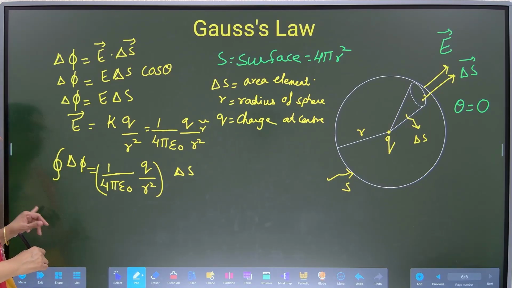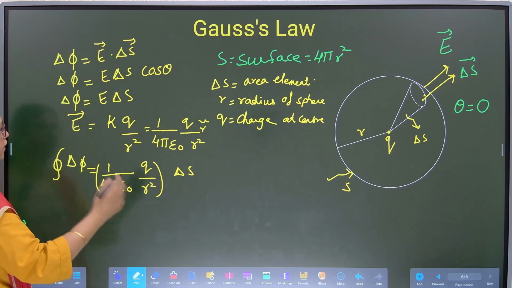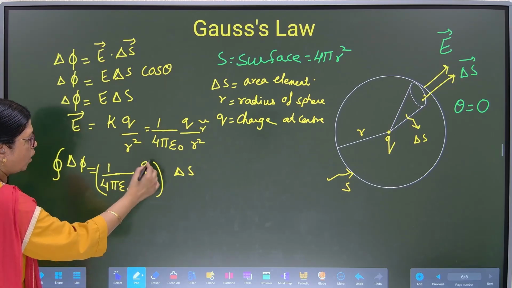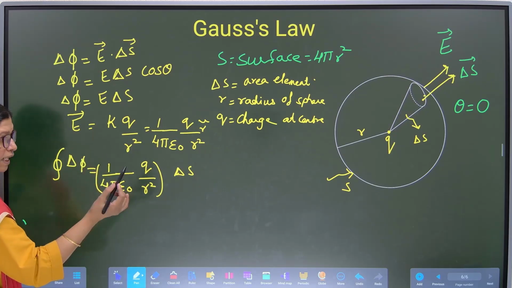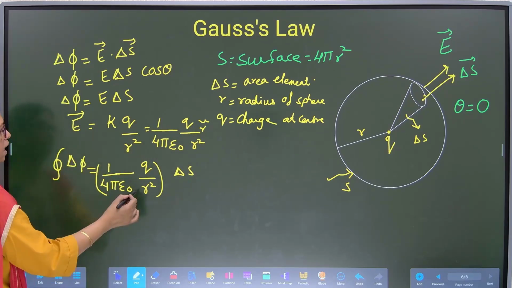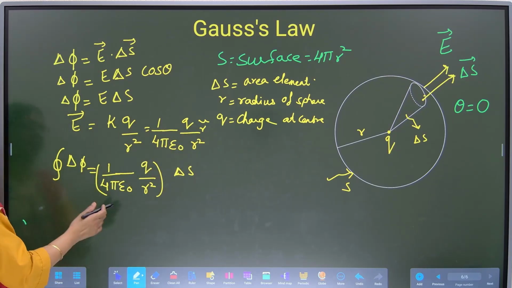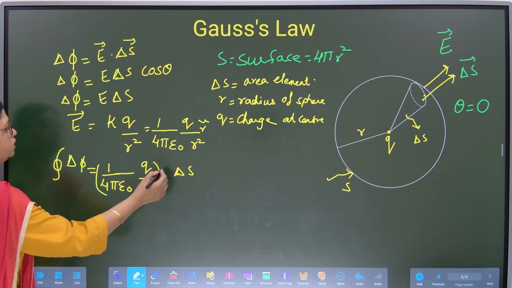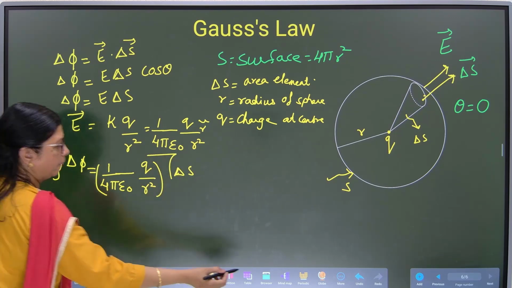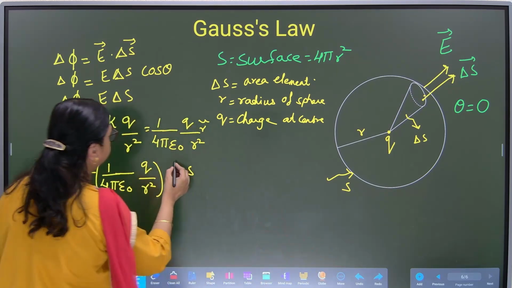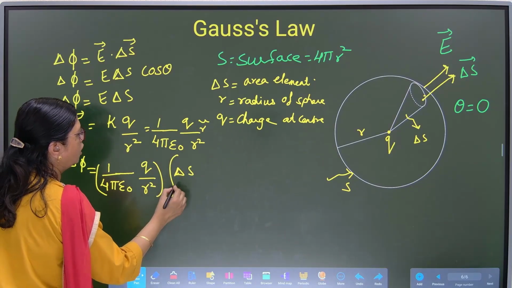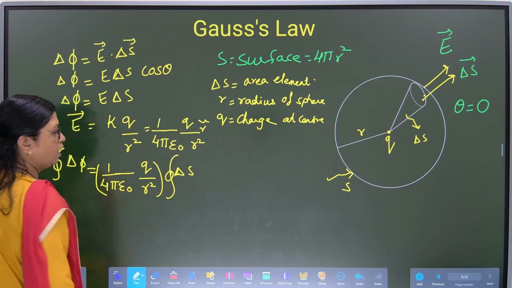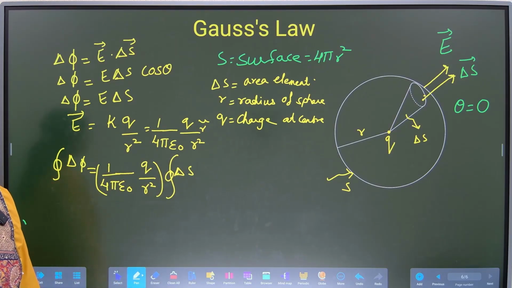This is the symbol of addition or integration for the complete surface, and because Q is fixed and R is fixed according to the surface, which can be considered constant, I will only take the integration of delta S over the whole surface.